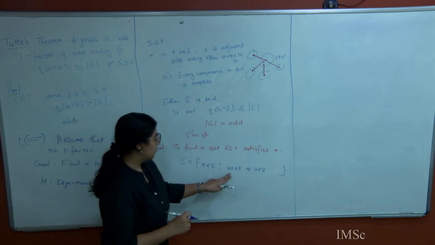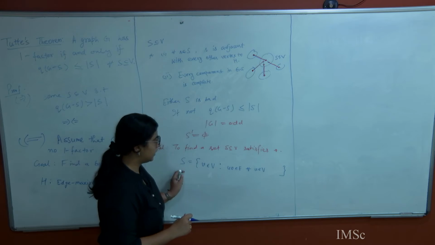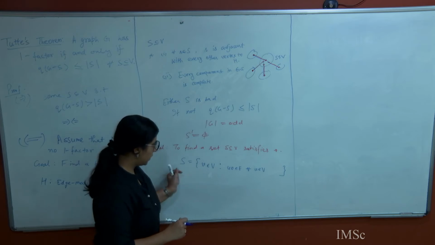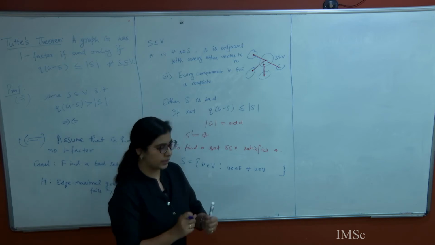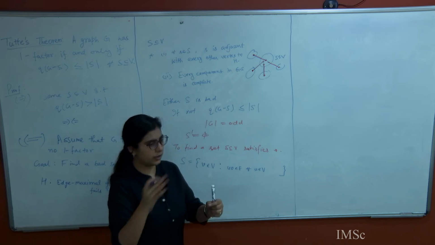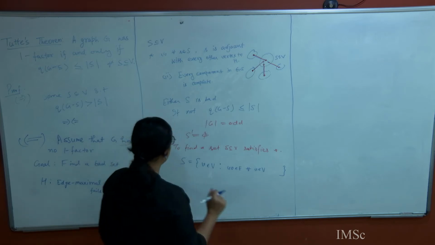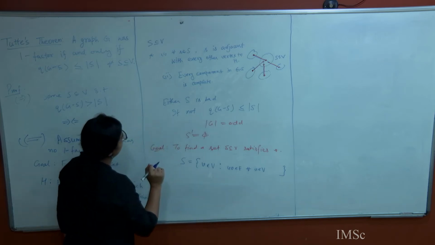Okay, so this is my set. I am taking the set S as the set of vertices which are adjacent to everybody else in the graph. So this is my set S.